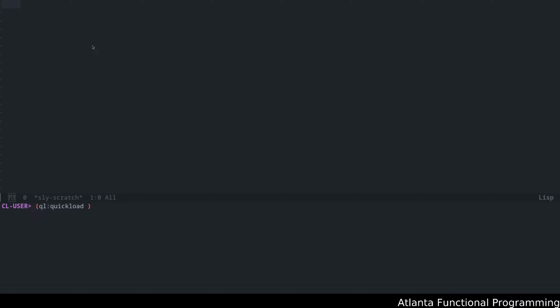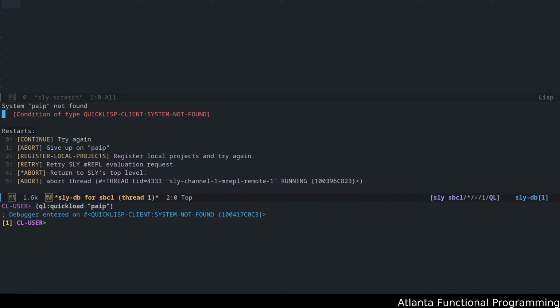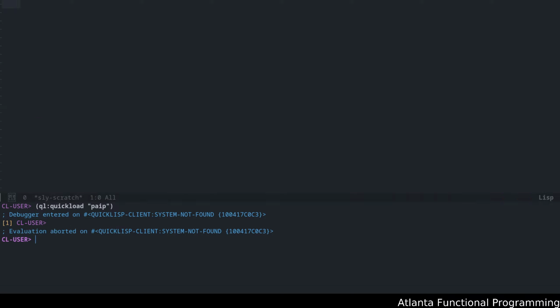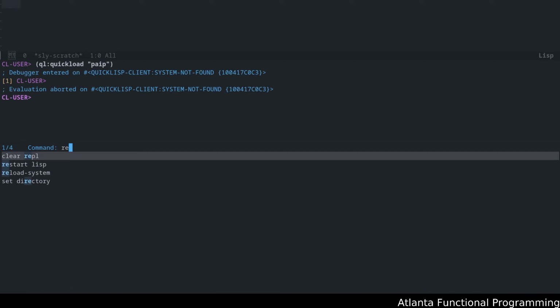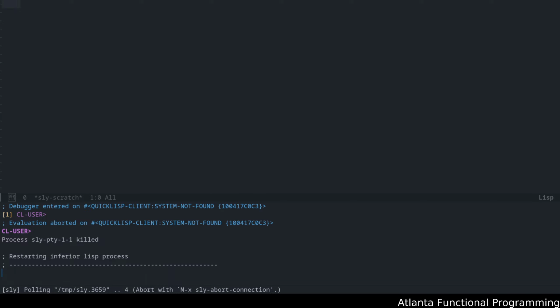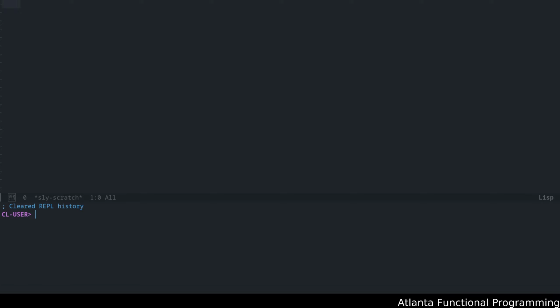Okay, and let us do this. PAIP, and it is having some problems finding it. Give me a second. Oh, that's right, I can't find it because it did not exist when I restarted. Okay, let's try it now.